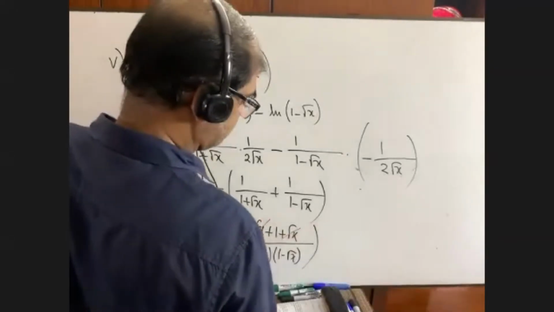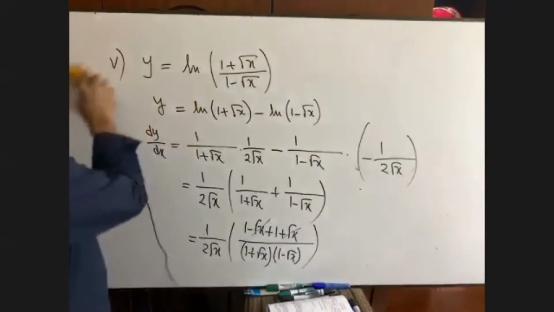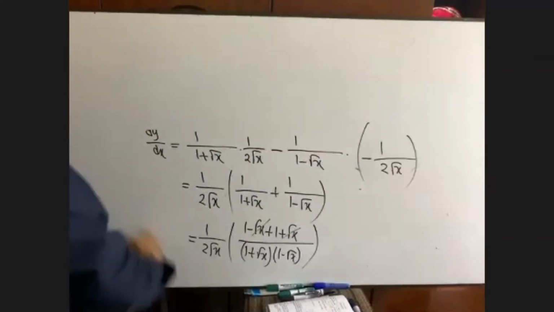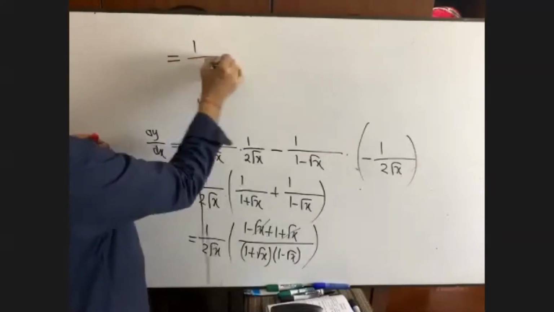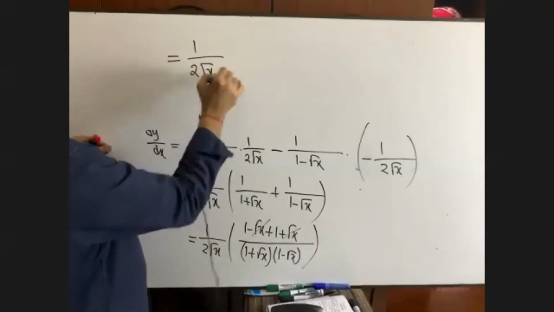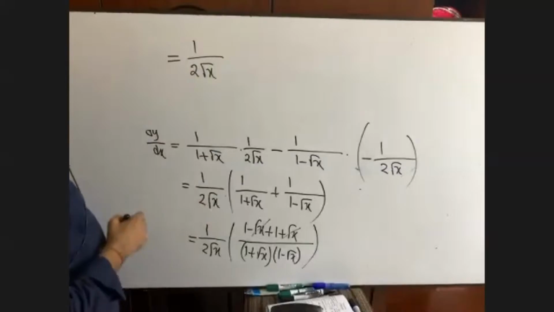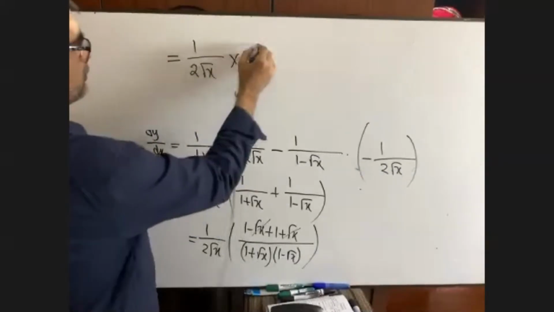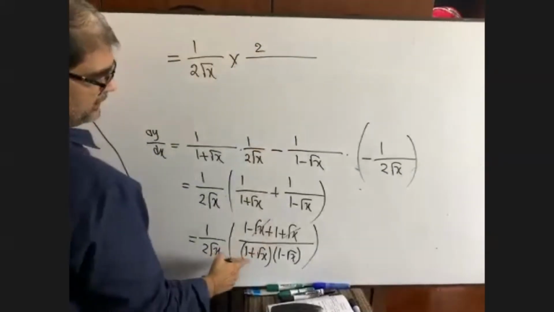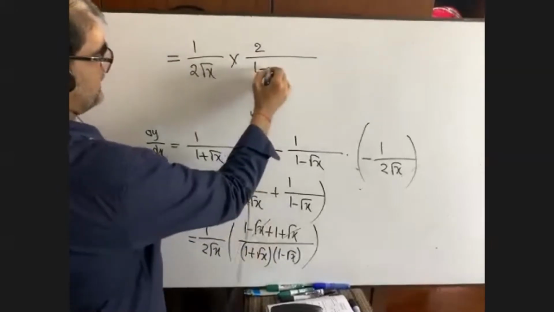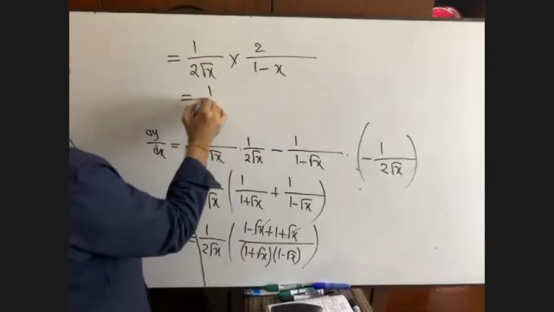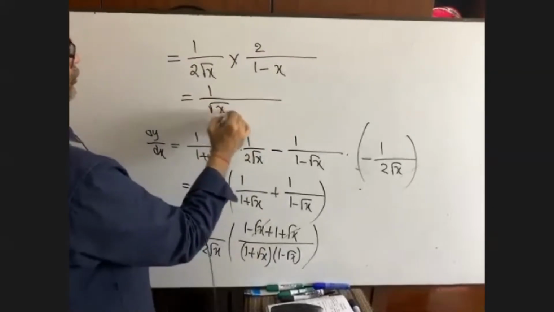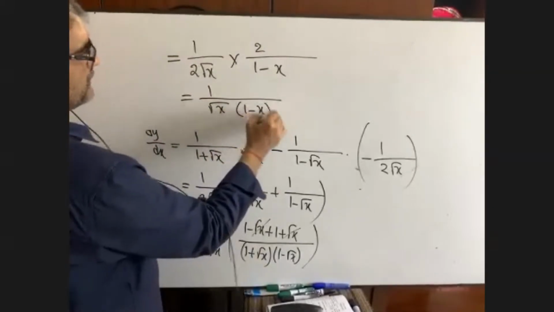So we are left with 1 by 2 root over x, 1 plus 1 equals 2, by a plus b, a minus b, a square minus b square. 2 will be omitted. So 1 by root over x, 1 minus x. This is the answer.